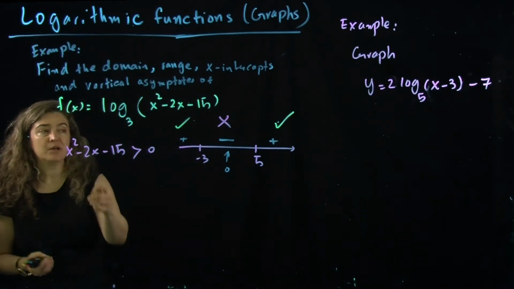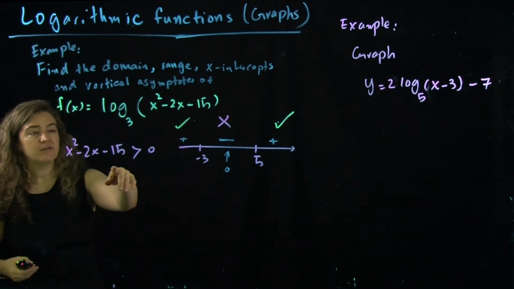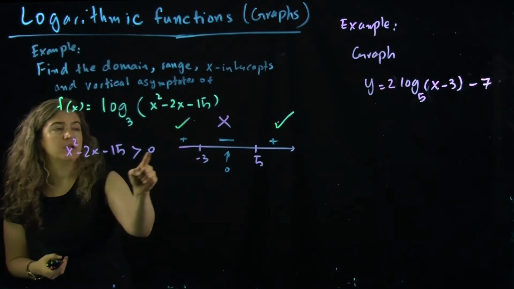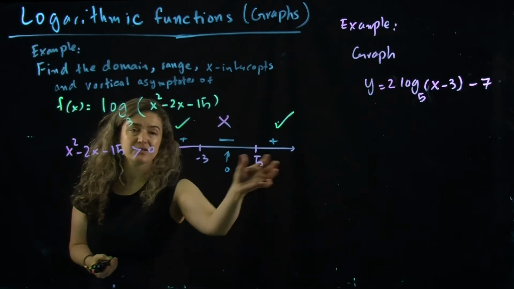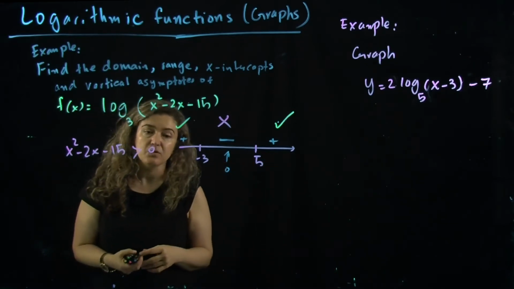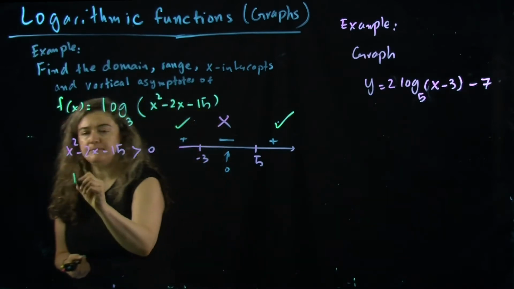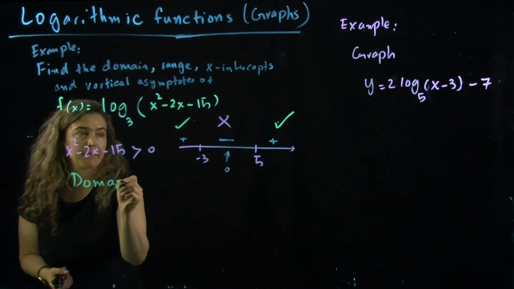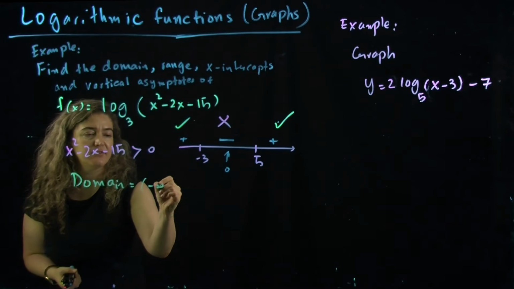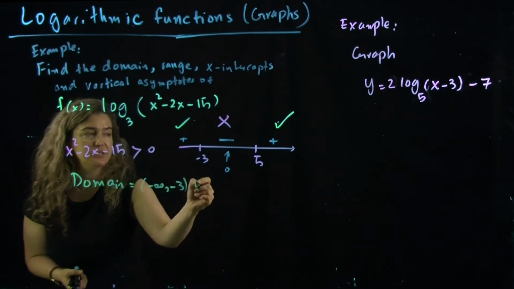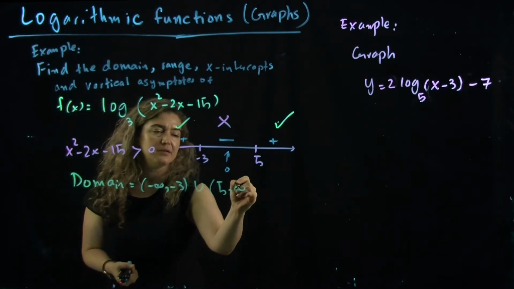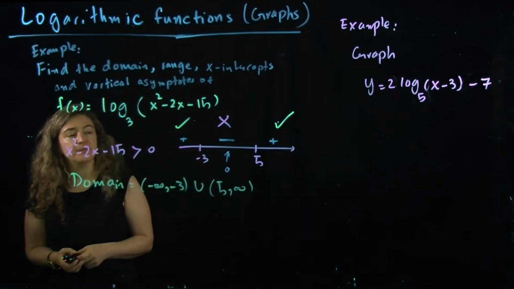Because it's a parabola that is looking upward. A parabola looking upward is positive outside the roots, and inside the roots it's going to be a negative value. So the domain is going to be -infinity to -3, not including, union 5 to positive infinity.